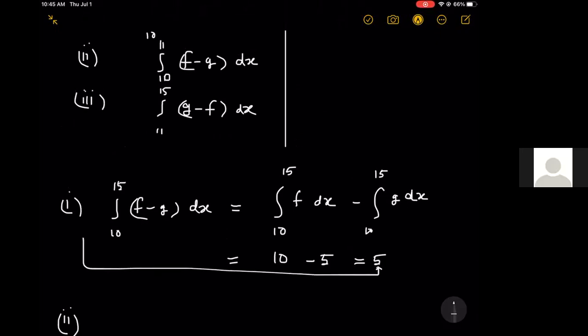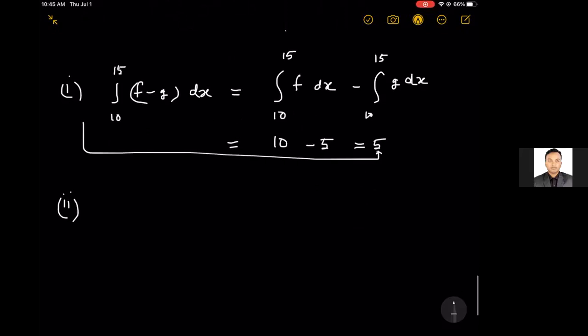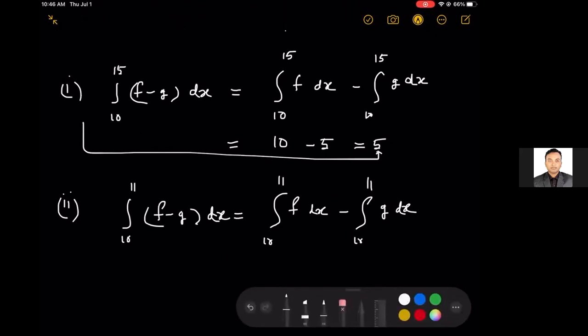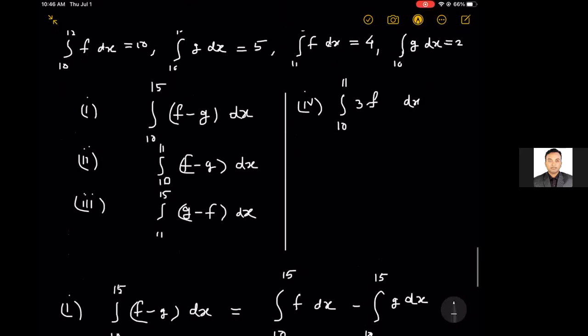We got 4. 4, okay, let's see. So from 10 to 11, we want f minus g. Once again, we'll use the sum rule, 10 to 11 of f minus 10 to 11 of g of x dx, but we may not have the values straight away, do we?